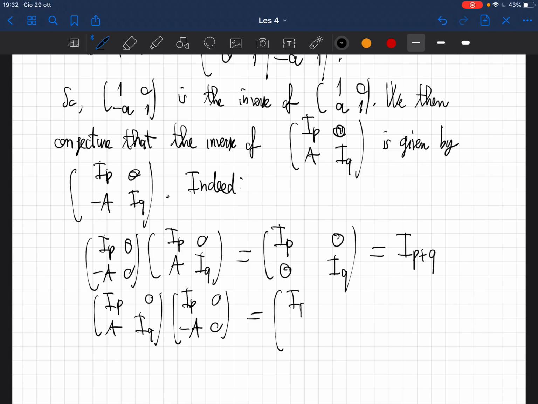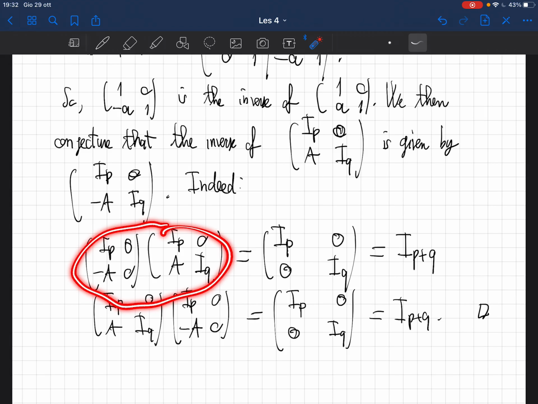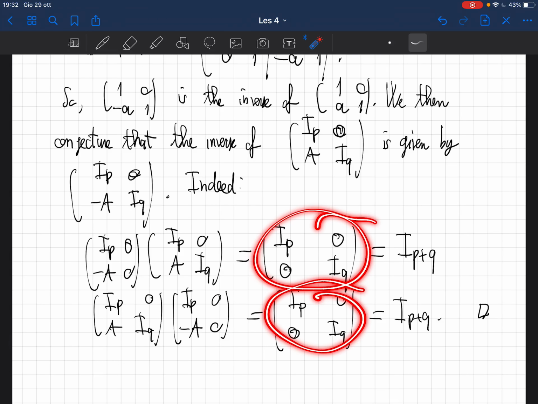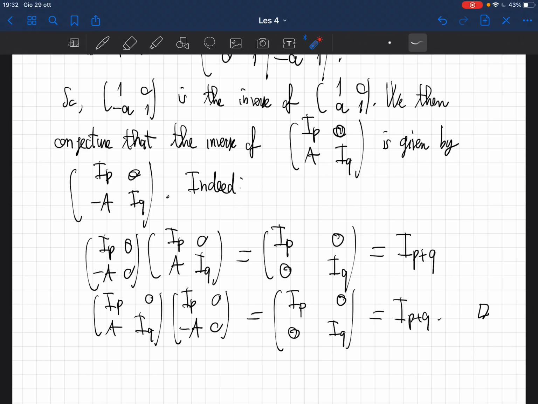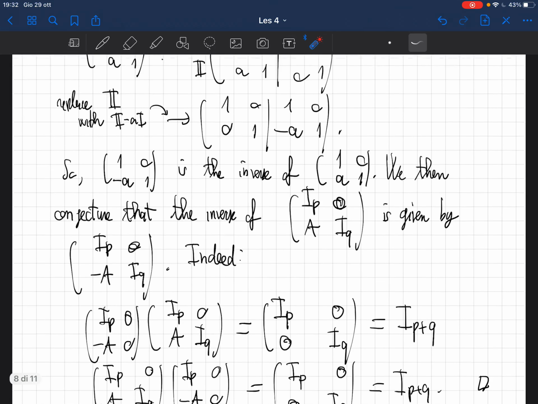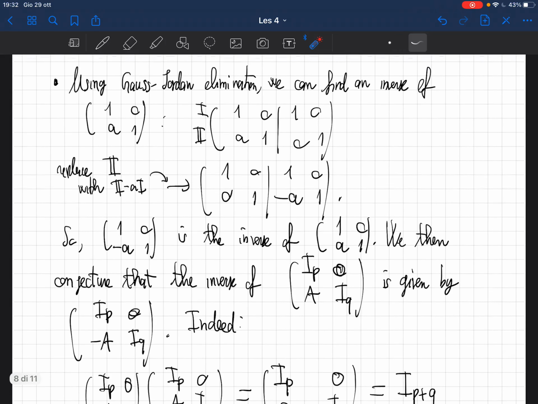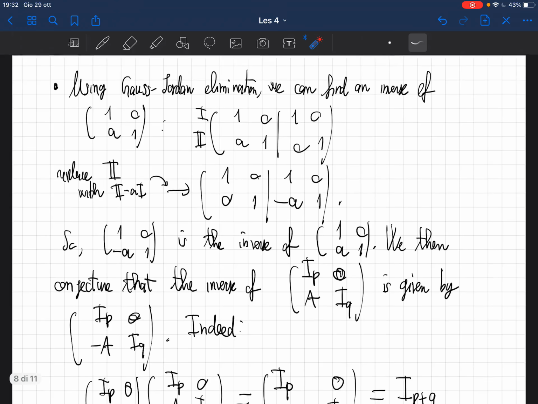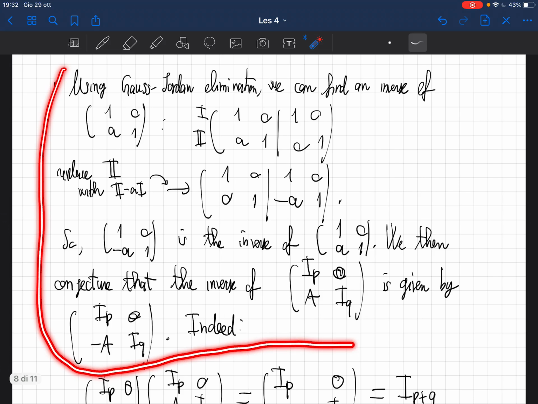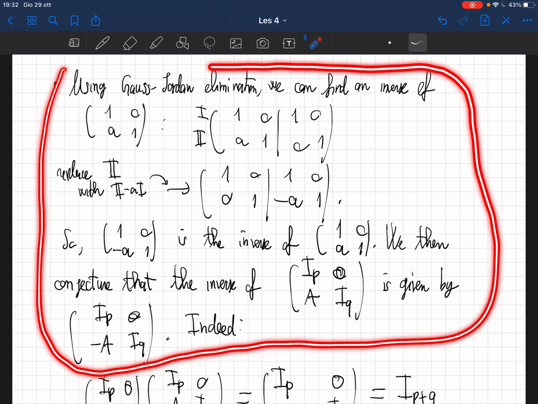Very good. In order to show that some matrix is an inverse of another, you just have to multiply it in both ways and check that you get the identity matrices. That's it. Just a comment here: this first part we could have skipped.